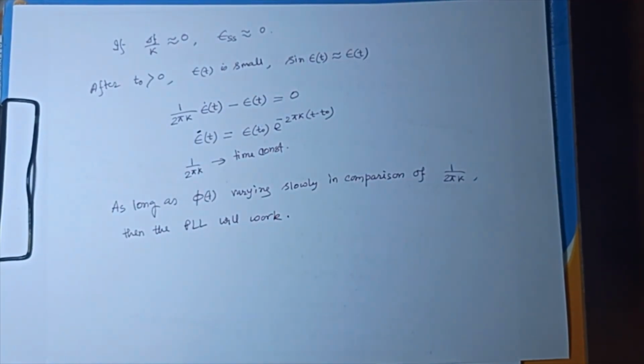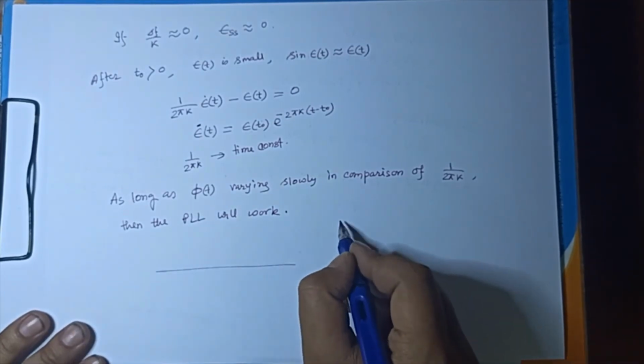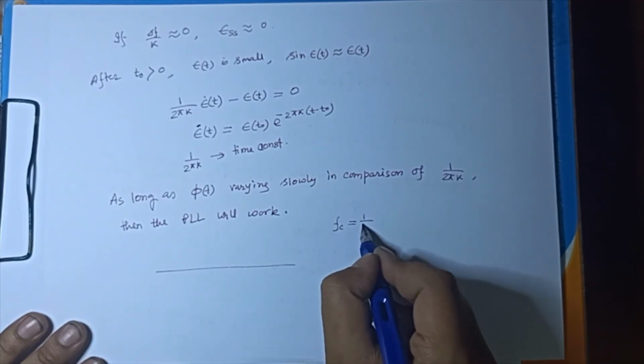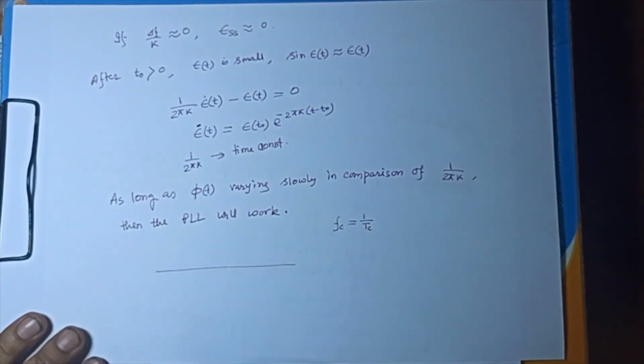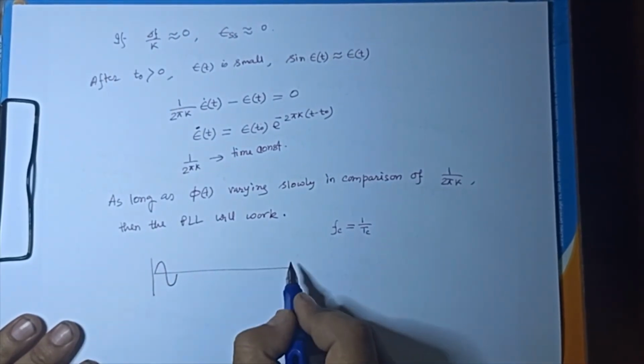Okay, and if this PLL works, if you can compute that FC exactly, then you can compute the clock synchronization as well, because what is clock? Clock is basically, suppose your FC is some 1 by some TC, that is like one wave, and this is suppose the time period for one symbol.